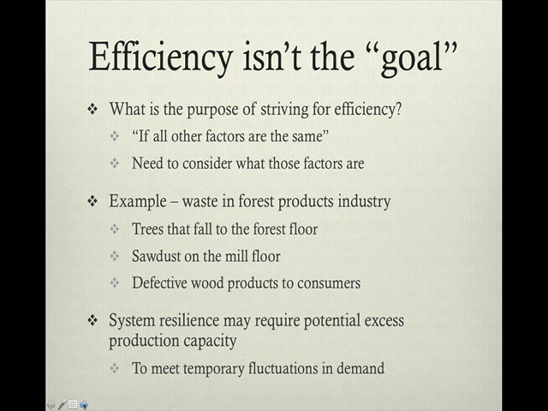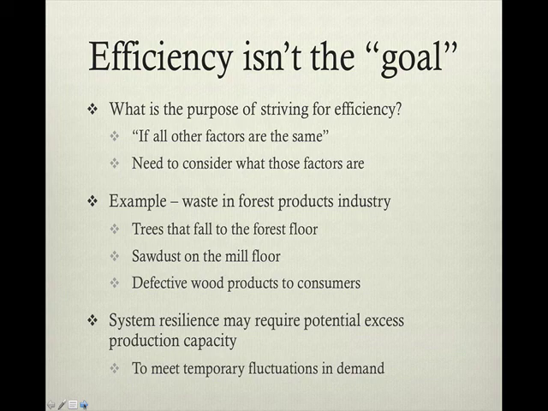Sawdust on the mill floor becomes a waste that you'd want to reduce, and it doesn't go to too many useful uses, although it's being used for biomass power. The worst of these three is defective wood products that already went to consumers. That stuff has to be thrown away and replaced, so it's actually like twice as bad as just reducing the amount of waste in the first place.